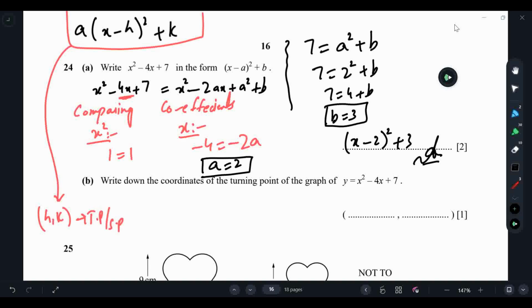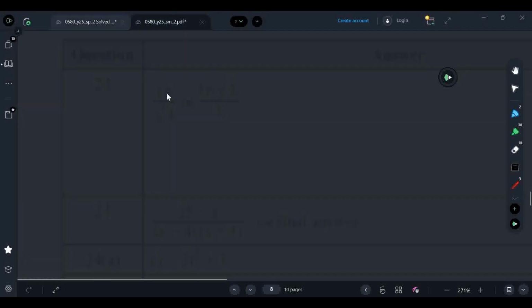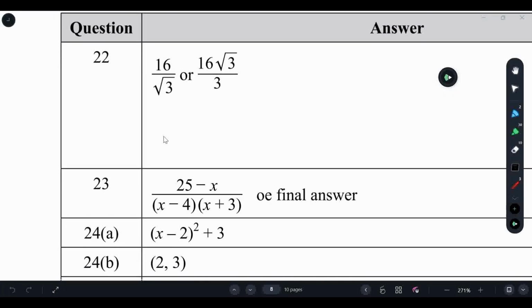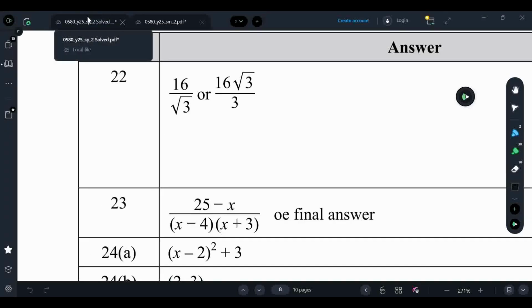So it means that 2 and 3 will be the turning point. Let me check this one here. Okay. Now let's move to the next question.